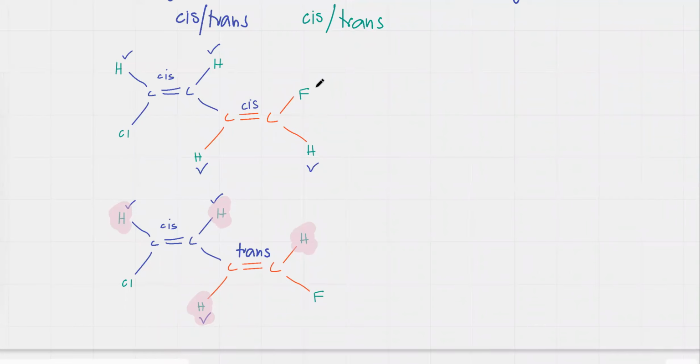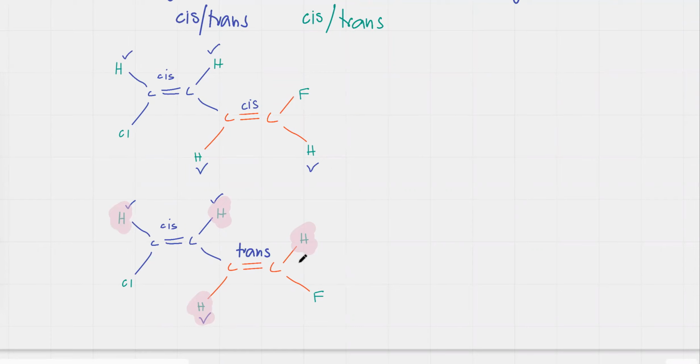Over there, the F was pointing upwards and the Cl was pointing downwards. Over here, the Cl is pointing downwards and the F is also pointing downwards. So the only difference is the shape. The connections are exactly the same. These two are still bonded to the same carbon atom, except the direction of the bond is different.